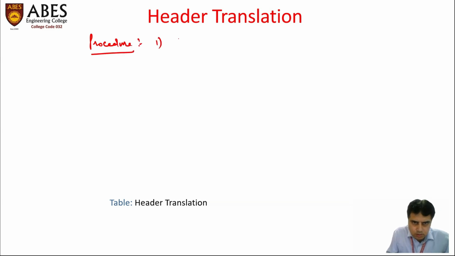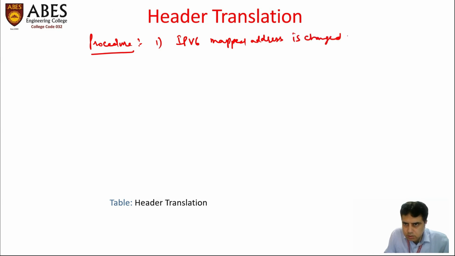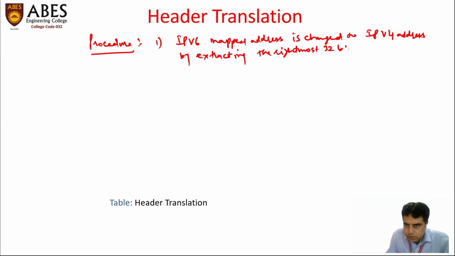First, the IPv6 mapped address is changed to an IPv4 address by extracting the rightmost 32 bits.